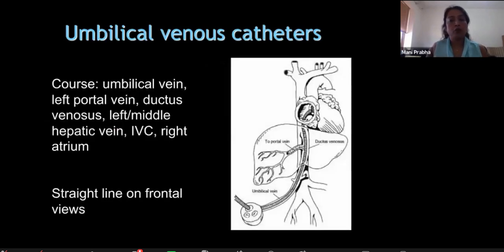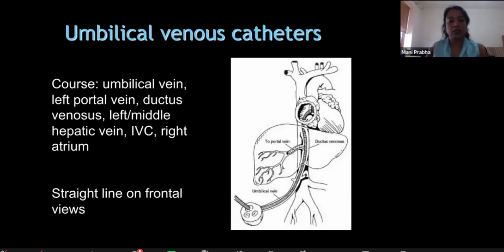The course of the umbilical venous catheter is umbilical vein, then into the left portal vein, ductus venosus, and then left or middle hepatic vein, and finally into the IVC, and then it is positioned at the level of the IVC and right atrial junction.